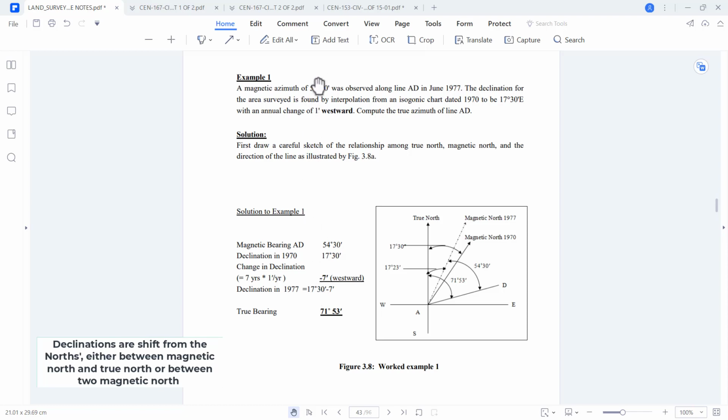So 7 plus 4 gives us 11. So write 1, remainder 1. Then 1 plus 5 will give us 6, plus 1 is 7. So we get 71 degrees 53 minutes. So that will be our true north or true bearing or true azimuth.